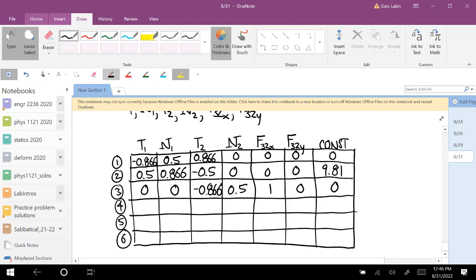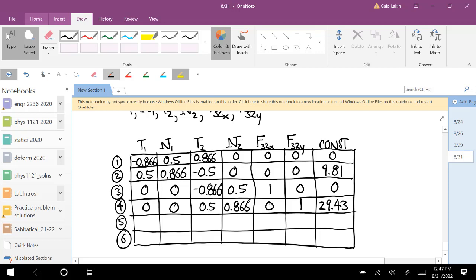Okay, equation 4, 0 T1, 0 N1, T2, N2, F32X is 0, F32Y is 1, and constant? 29.43.